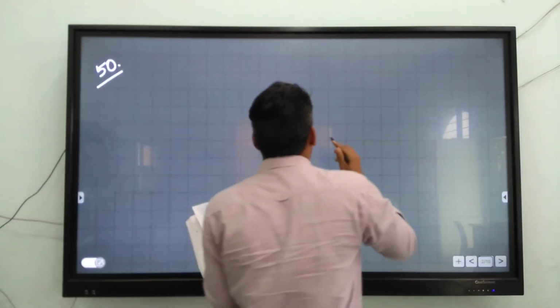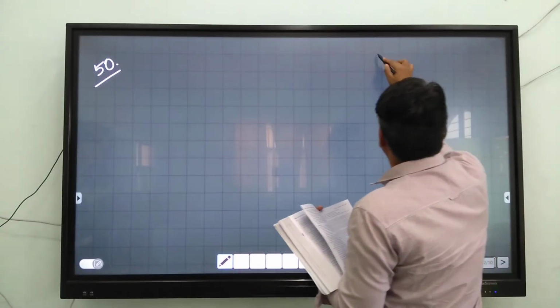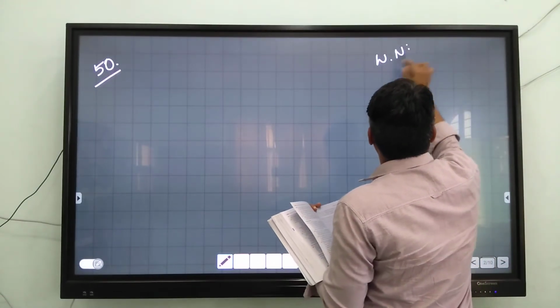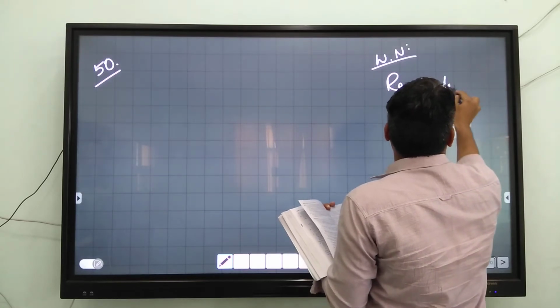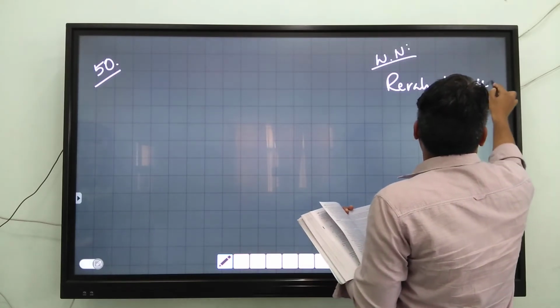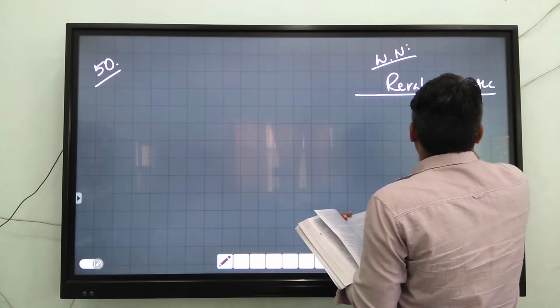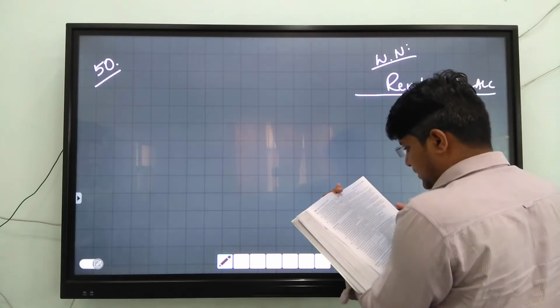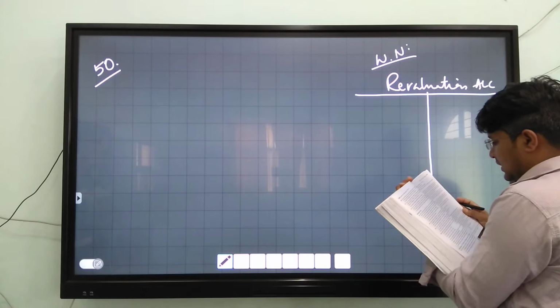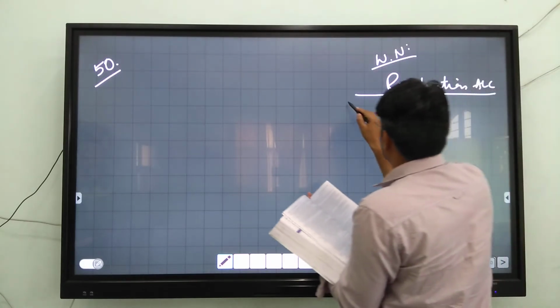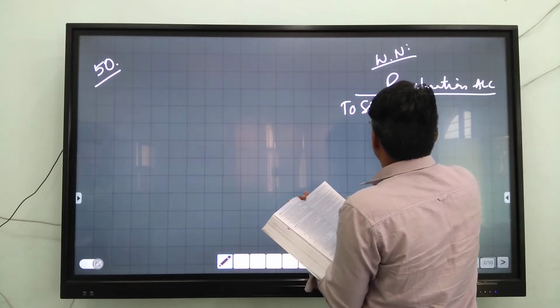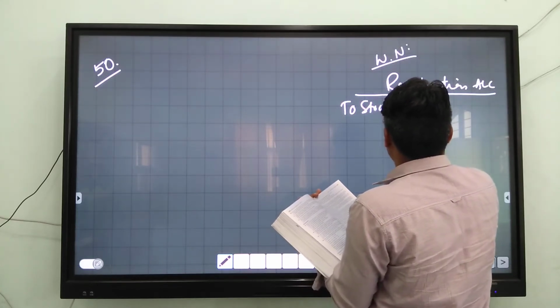We can also prepare the revaluation account in a working note. Revaluation account. First point is stock is to be reduced by 40%. Then we will write to stock on the debit side, to stock account.